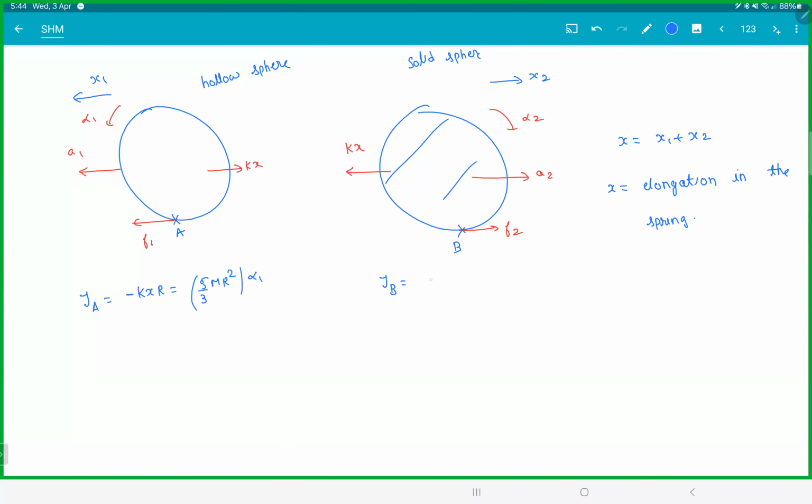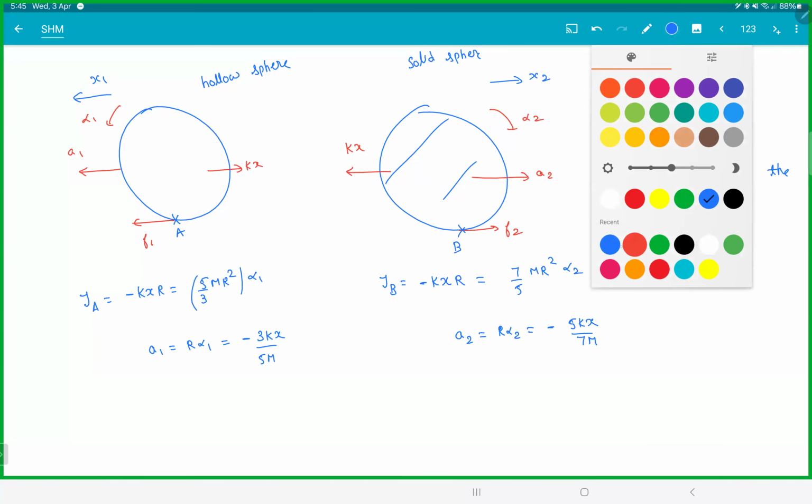Similarly, torque about B will be kx r is equal to 7 by 5 mr square alpha 2. So from here we can write r alpha 1, that would be a1, which will be minus 3kx by 5m. And here this would be a2, which is r alpha 2, which is 5kx by 7m.